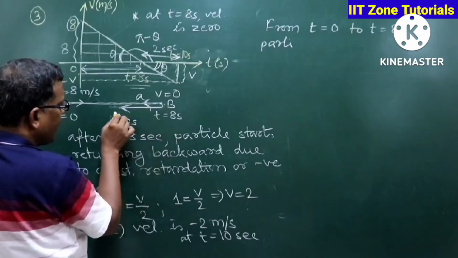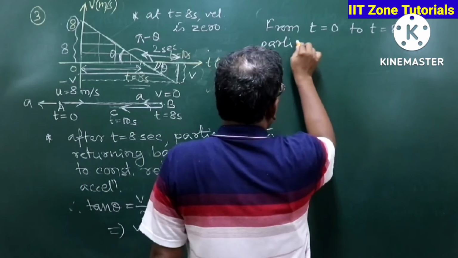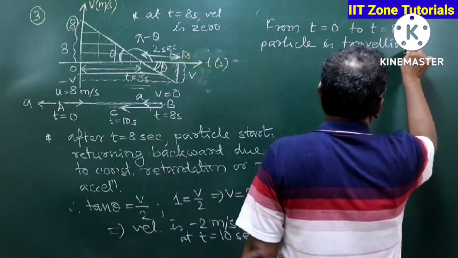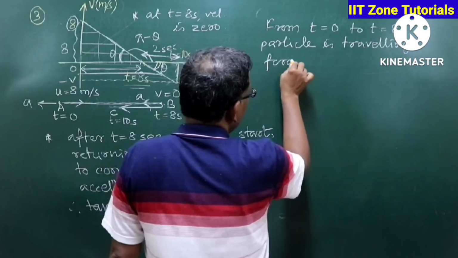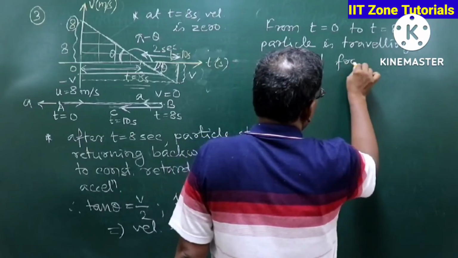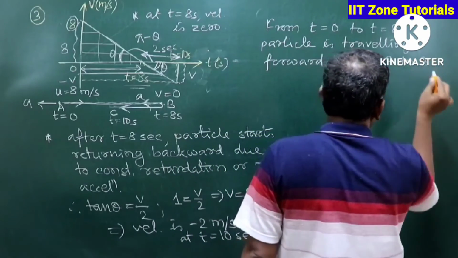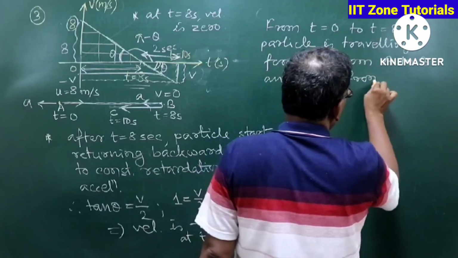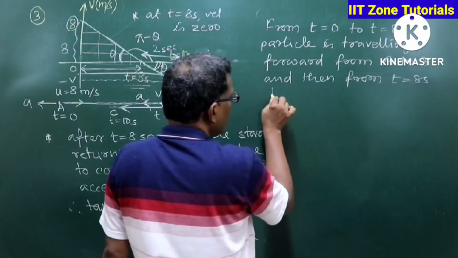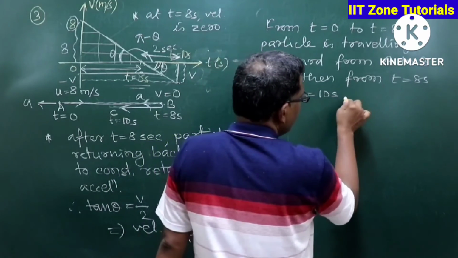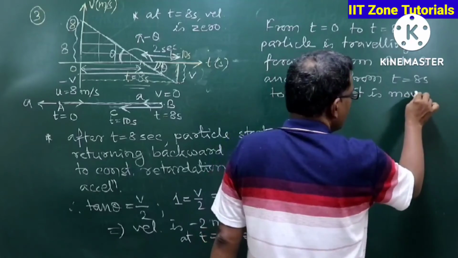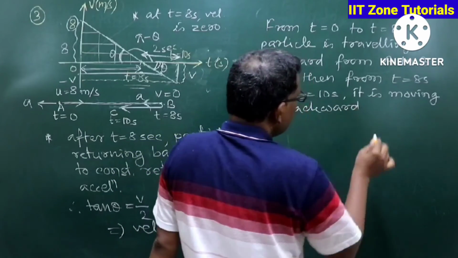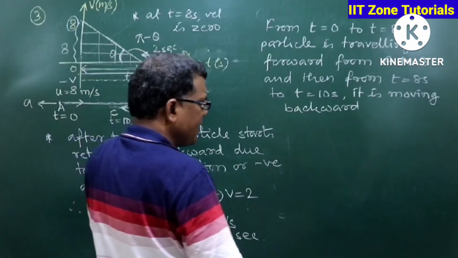Suppose this is A, this is B, let this point be C. Position wise, the particle is traveling forward from A to B, and then from t equal to 8 seconds to t equal to 10 seconds, it is moving backward.